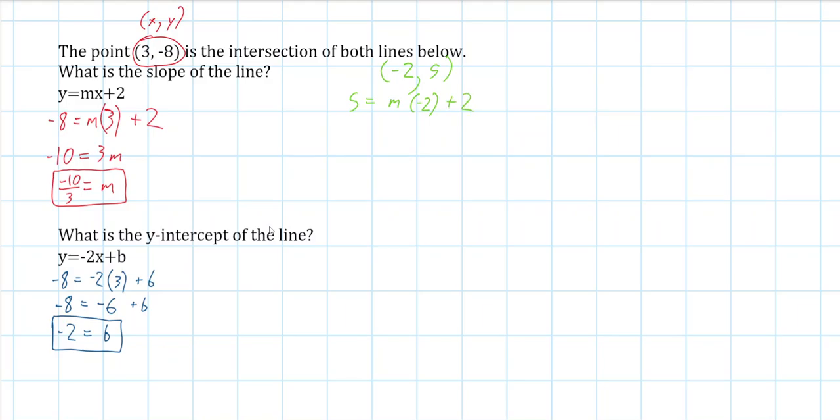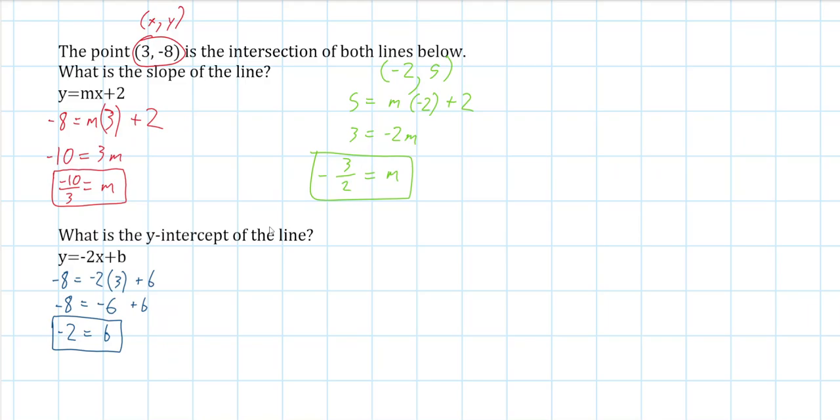Just have a bracket whenever you replace x, okay? So now that we have that, we would subtract 2 from both sides. We'd get 3. On this side, we'd have -2m. Then we divide by -2, so it'd be -3 over 2 equals m.